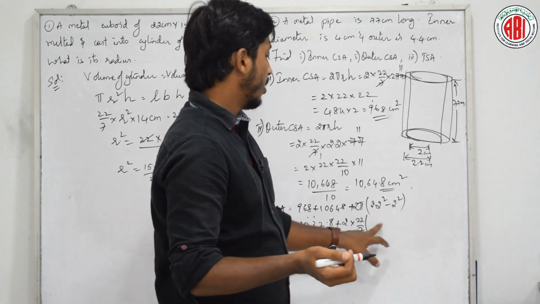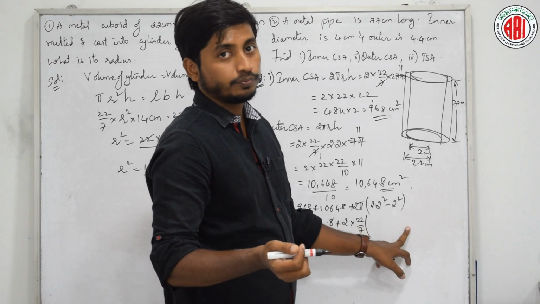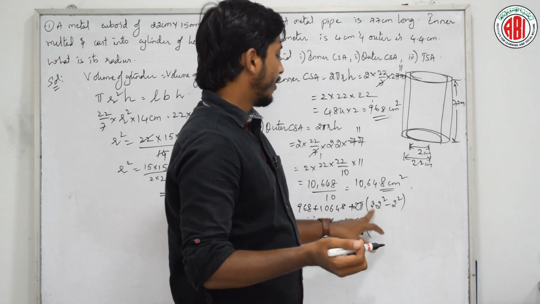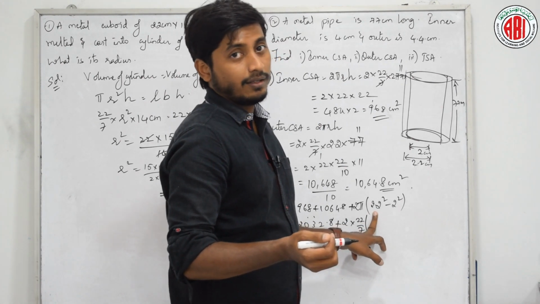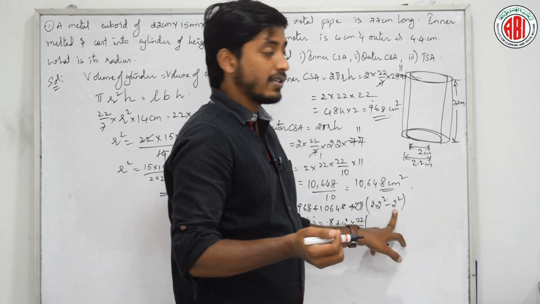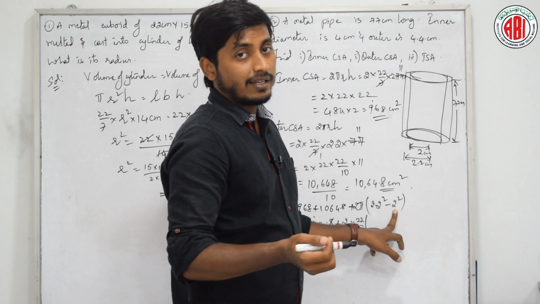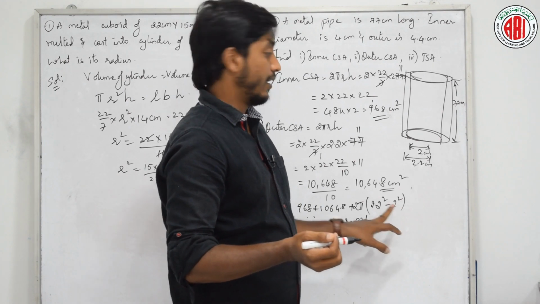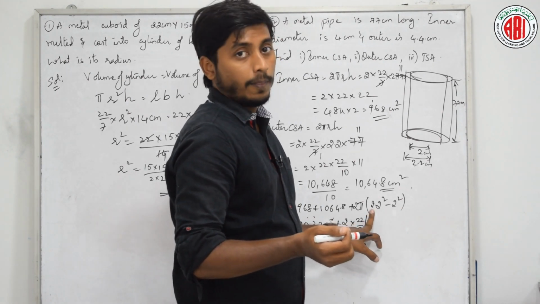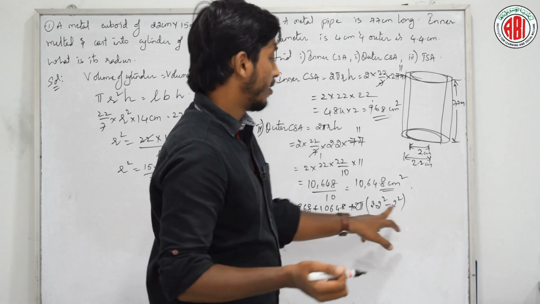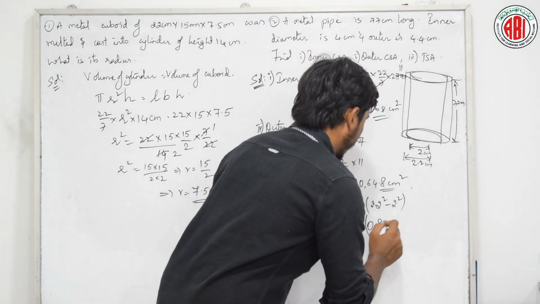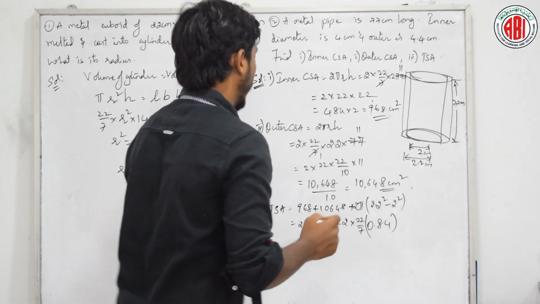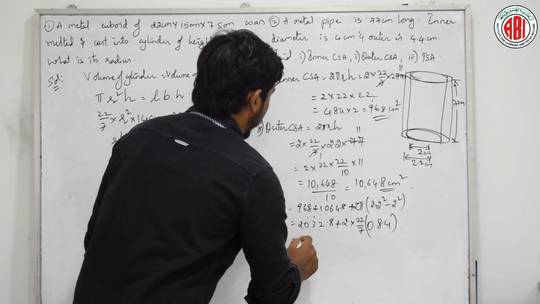That will be 4.2 into 0.2. Or else you can directly write it as 2.2 square, that is 4.84, minus 2 square, that is 4. 4.84 minus 4, that is 0.84.